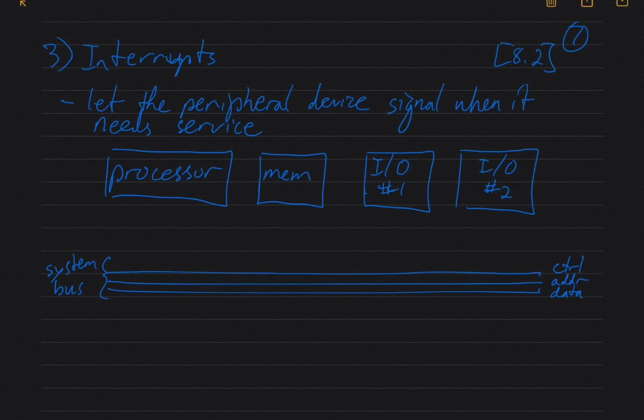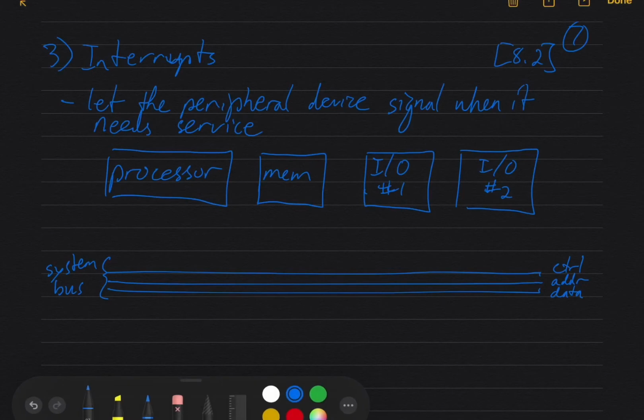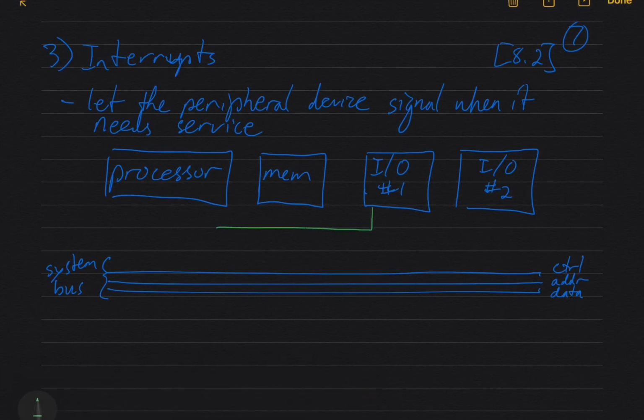And now we're going to add the interrupt request line. So I/O device number 1 will have a signal going to the processor.